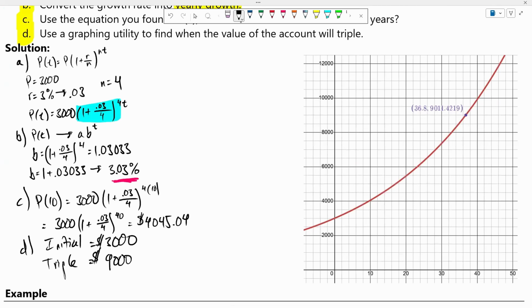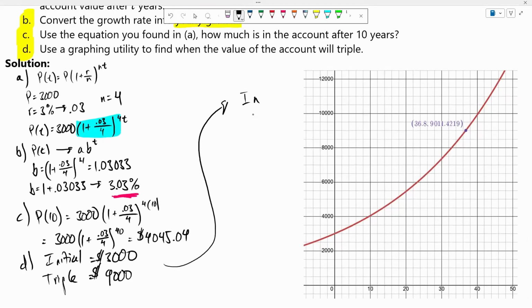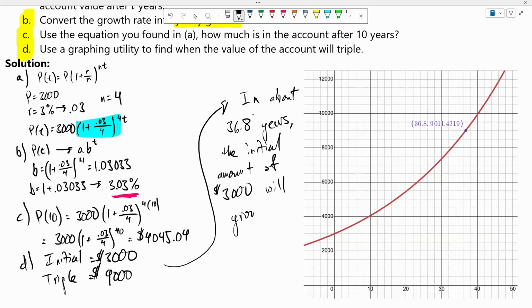So by doing this, right, I'm going to go ahead and grab this and go over here, right? I can say in about, what's that going to be? 36.8 years. The initial amount of $3,000, right, will grow to $9,000.